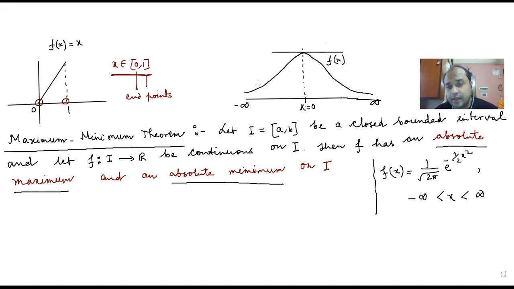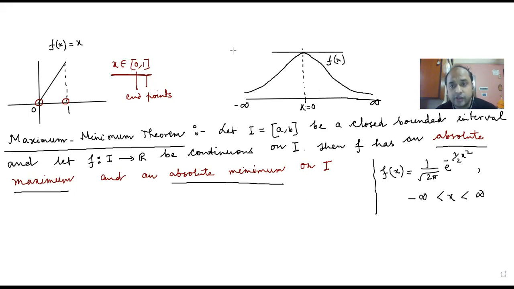This is the only peak the function has, the highest peak, so such a maximum is called an absolute maximum. This function has an absolute maximum at x equal to 0. But what about relative maximum and relative minimum?